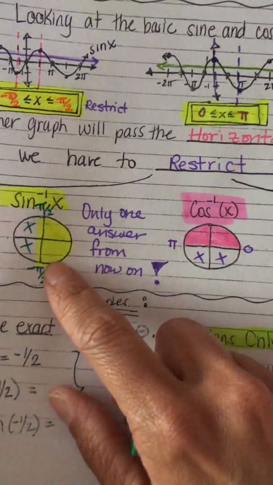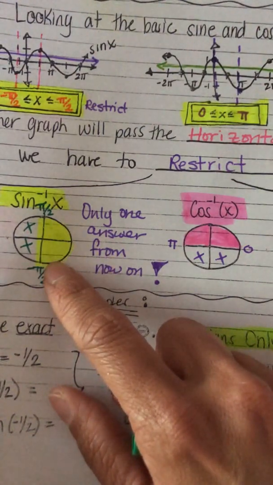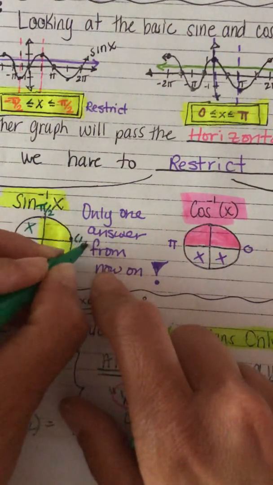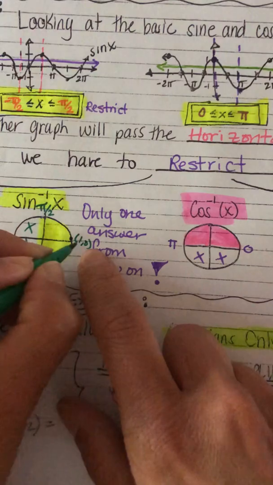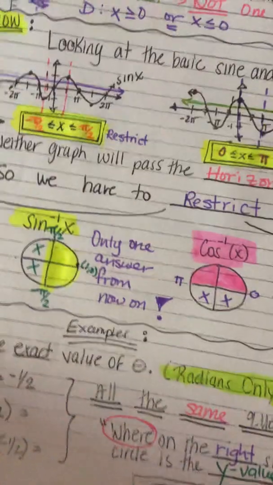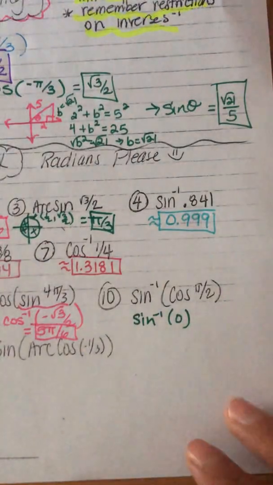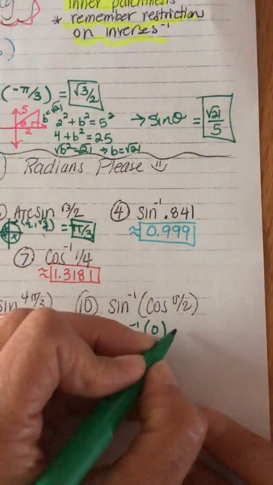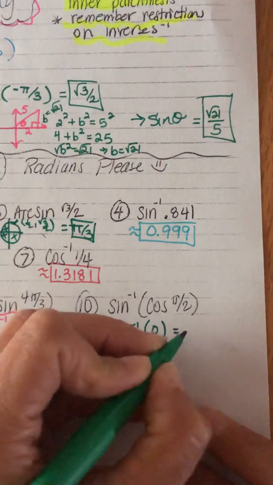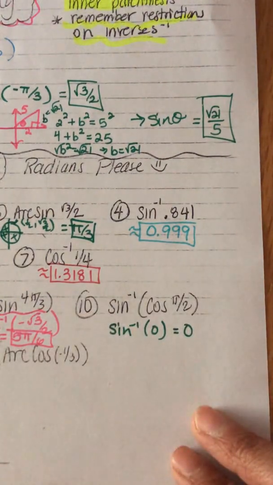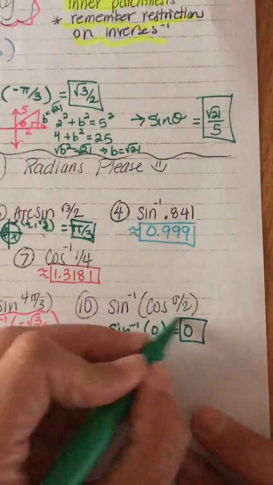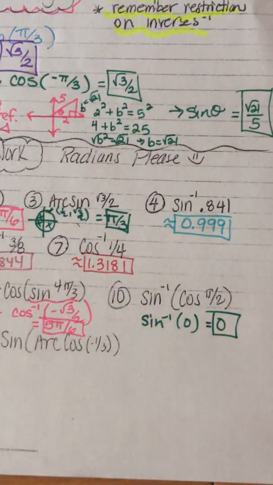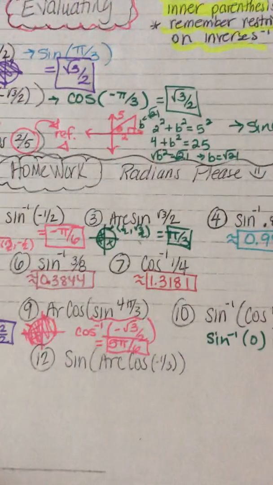When the sine is 0, that would be at this point right here, the point (1,0), because the y value is 0. So the sine inverse of 0 is 0 radians. And that was number 10.